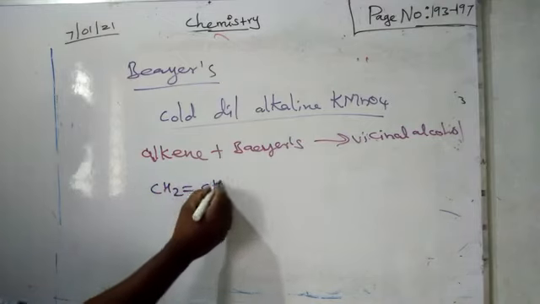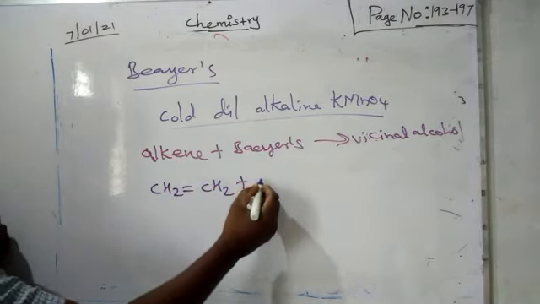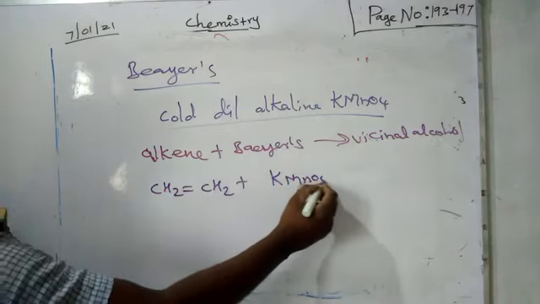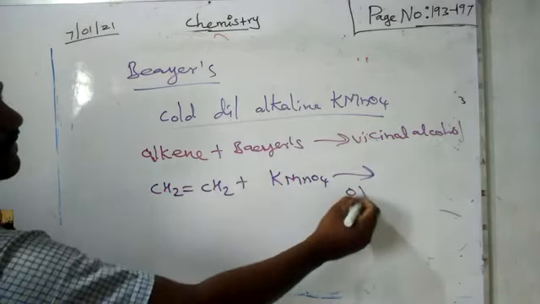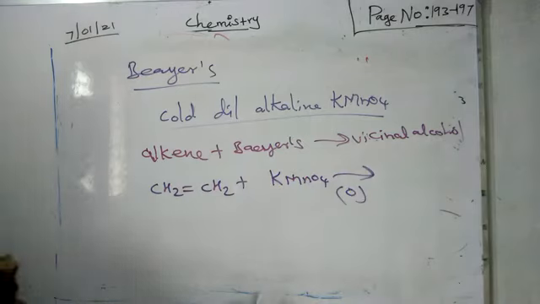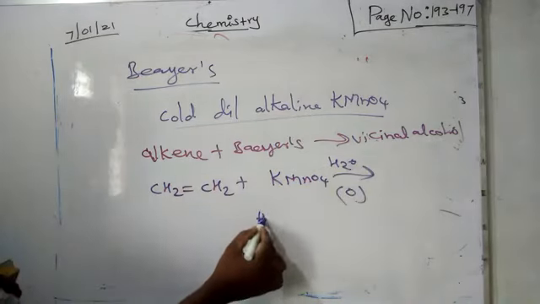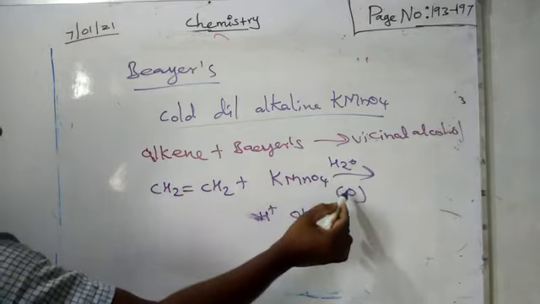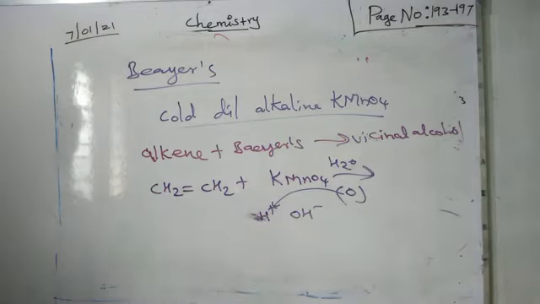CH2=CH2 with Bayer's reagent, cold dilute alkaline KMnO4. The nature of the compound is an oxidizing agent. Here it is a dilute solution, so water is also there. How will you divide the water? H plus and OH minus. Then you add this O with H plus.